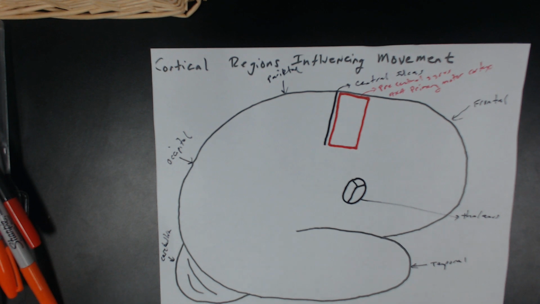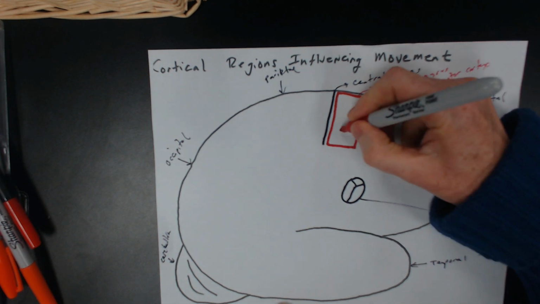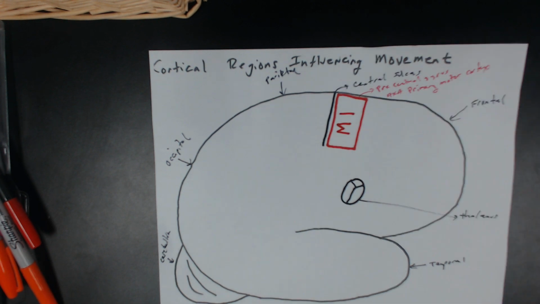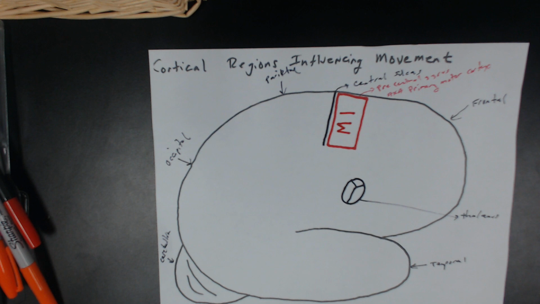So you've heard both of those before, and there's one more that you may see or may not see in your future. It can also be called M1 for motor 1. That's your primary motor cortex, or M1. Okay, so far, nothing new except M1.